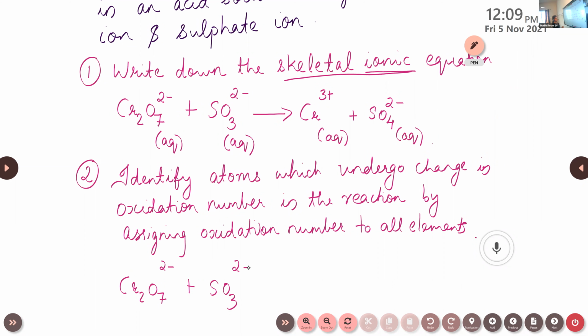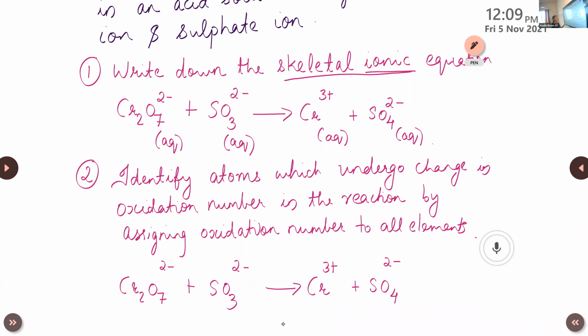This 2 minus also is common for this SO3. Then again Cr3 plus, SO4 2 minus. So in this step, we have to find out the oxidation number of all the elements present in this equation. Clear?